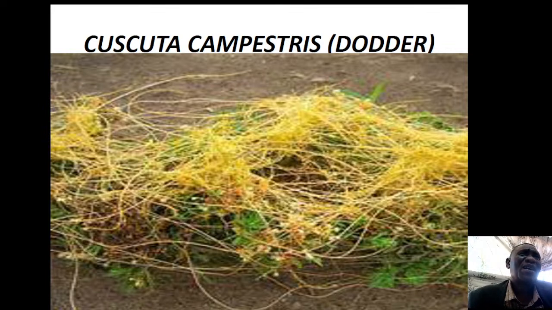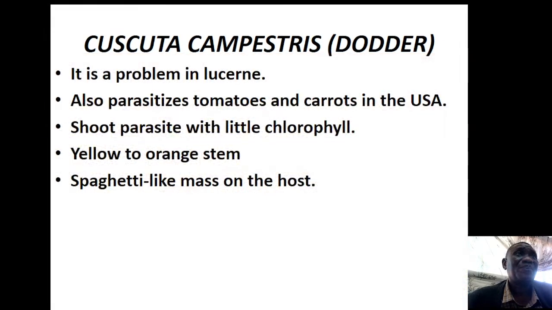Now, Cuscuta campestris, this is the spaghetti-like weed. It is a problem in lucerne, and this is actually a shoot parasite.